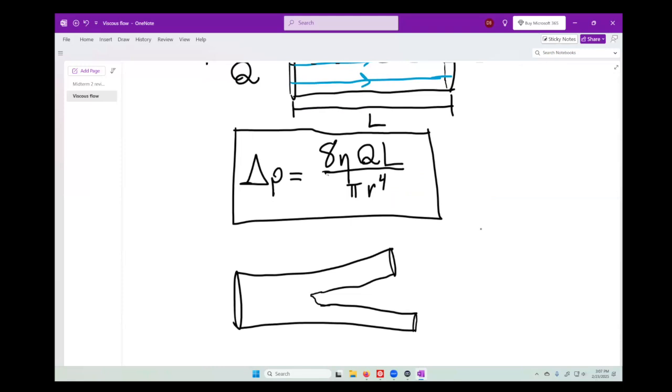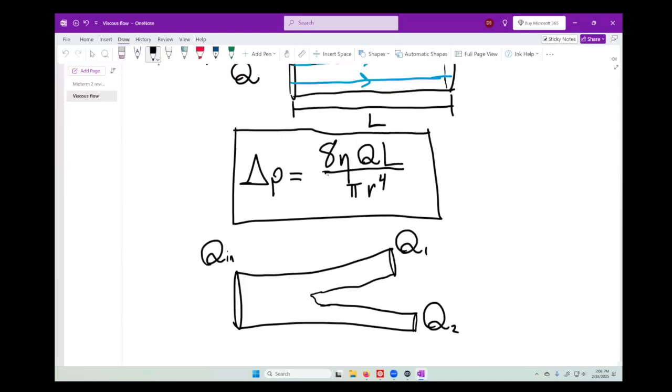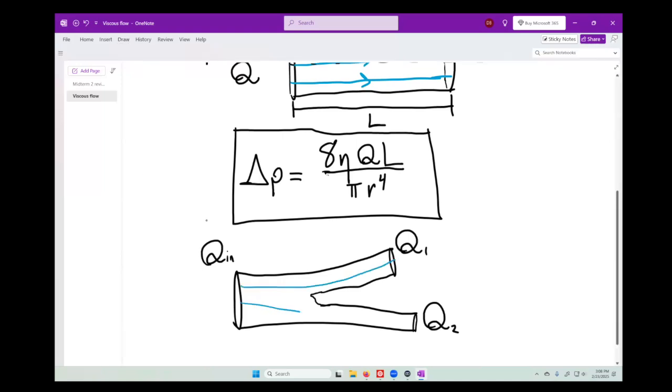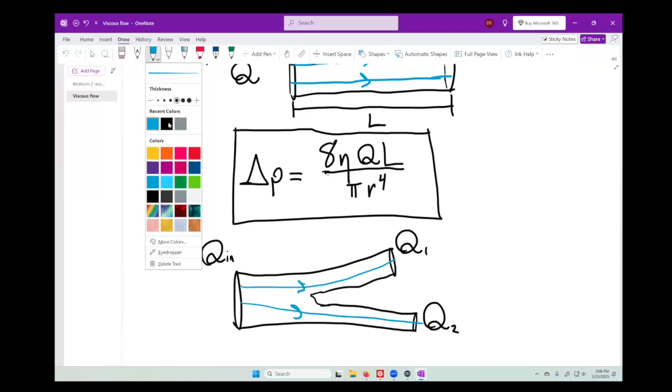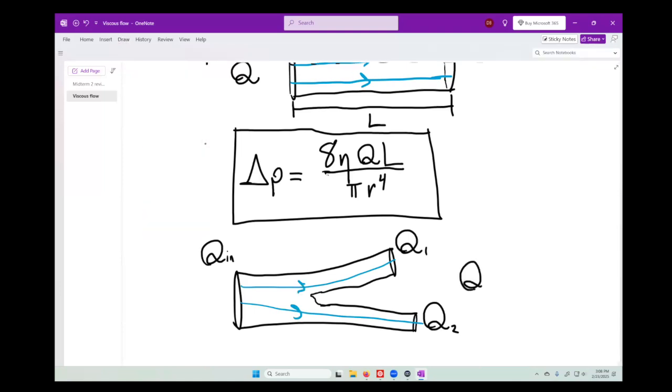So if we have a certain amount of fluid flowing in, and some fraction of the fluid flowing out through each of these branches of the tube, then the total flow rate out has to equal the flow rate in.